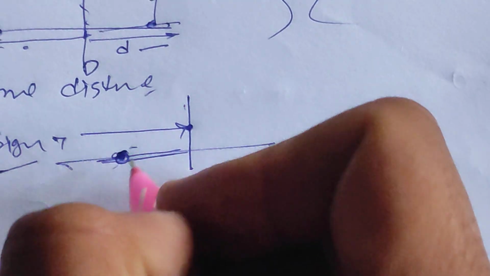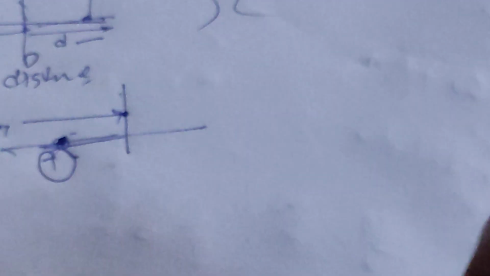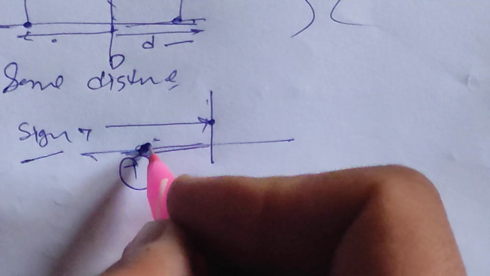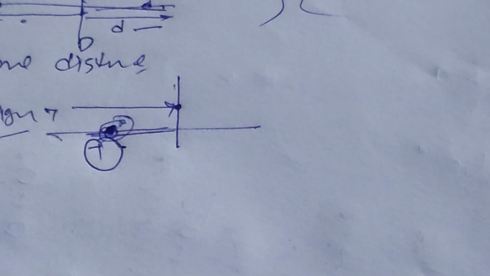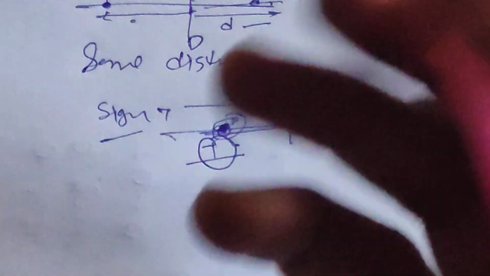In that case the object distance is positive, otherwise it is negative.